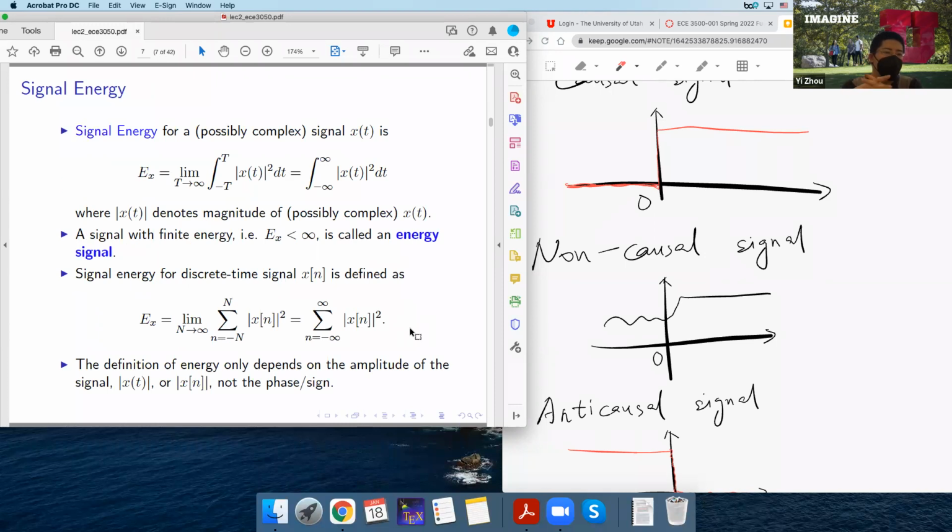Okay, so next we will introduce signal energy and signal power. This is related to the homework problems. Given a signal, either continuous time or discrete time, but we can look at the continuous time signal first. Given a continuous time signal, how do we define its energy?